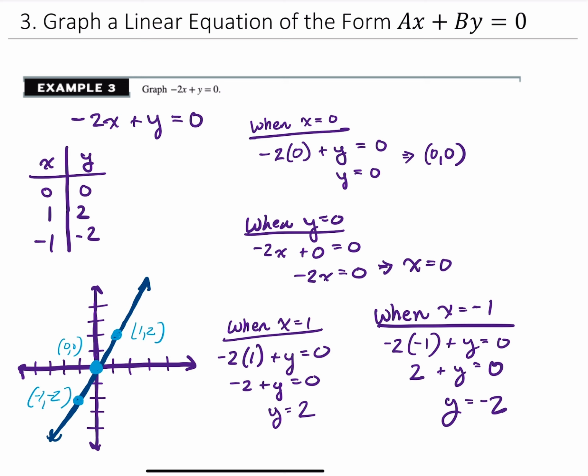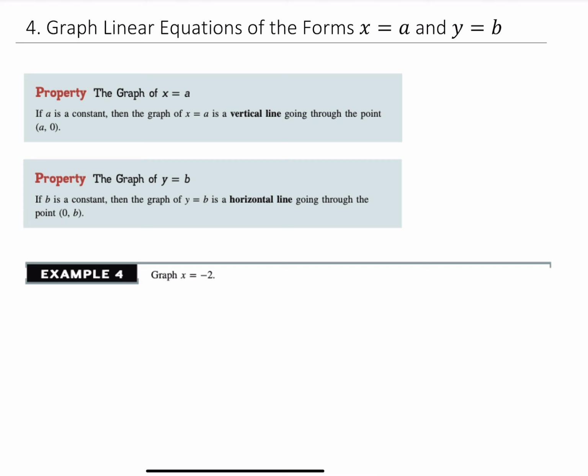All right, let's look at 2 special kinds of lines we can get. So this is graphing linear equations of the form x equals a and y equals b, meaning we only have x or y. If we have something that looks like x equals a, like our first example down here, x equals -2, it's going to be a vertical line, some line that's vertical.